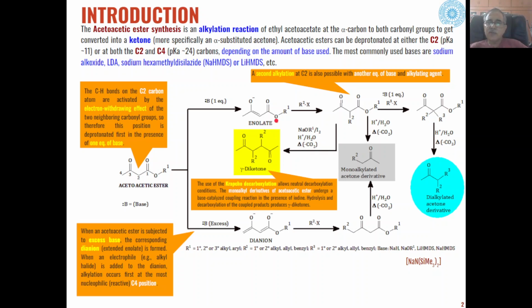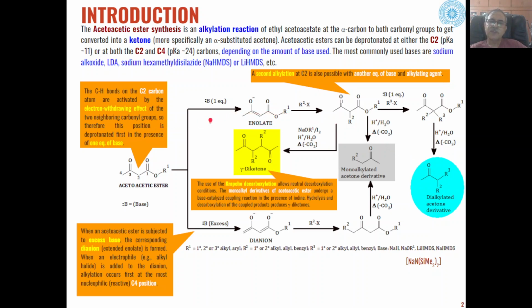Now this enolate on reaction with the alkyl halide undergoes alkylation to give us this type of product. When this alkylated acetoacetic ester is further treated with one equivalent of the base followed by one more molecule of the alkyl halide, then double alkylation at this C2 carbon will take place, and on hydrolysis of this ester followed by decarboxylation, we will get dialkylated acetone derivatives as the product.